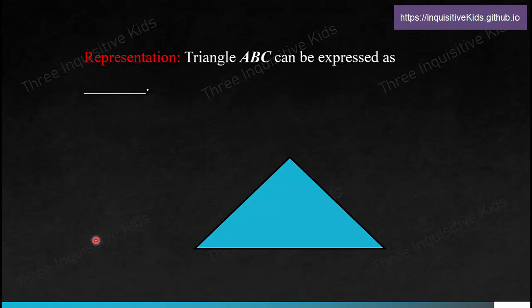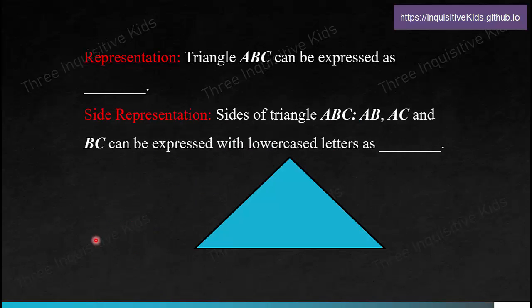Triangle ABC can be expressed as, here we draw a mini triangle, then we write the points A, B, C. Side representation. Sides of a triangle ABC, AB, AC, and BC can be expressed with lowercase letters as c, a, b.